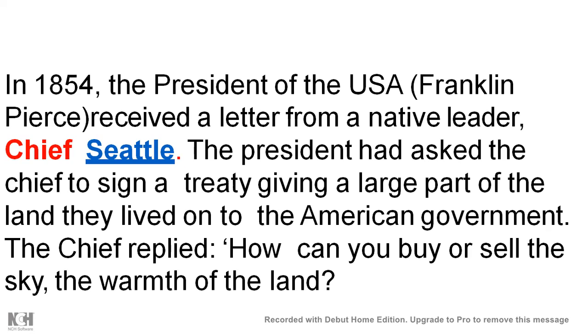So we will consider your offer to buy our land, but it will not be easy. For this land is sacred to us. The shiny water that moves in the streams and rivers is not just water, but the blood of our ancestors. So the chief and these tribal people, the native peoples, loved their land.